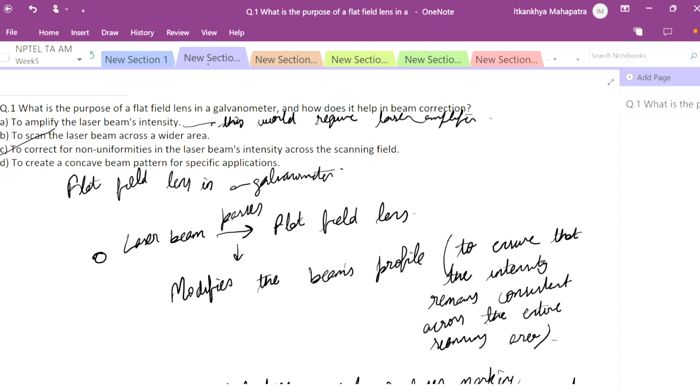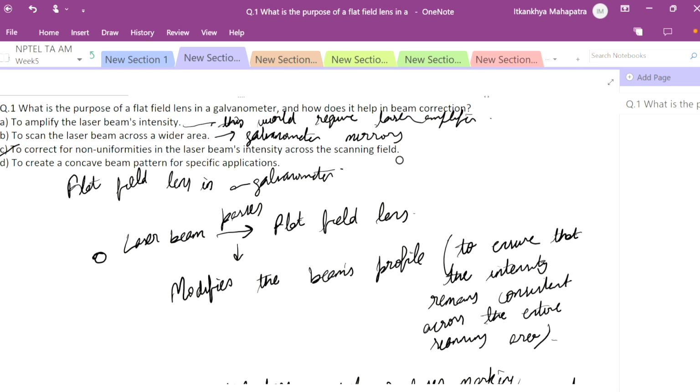Scanning the laser beam across a wider area is typically achieved by the galvanometer mirrors, not by a flat field lens. And creating a concave beam pattern is not a function of a flat field lens in a galvanometer system. Okay, so this was the reason for using a flat field lens in a galvanometer.